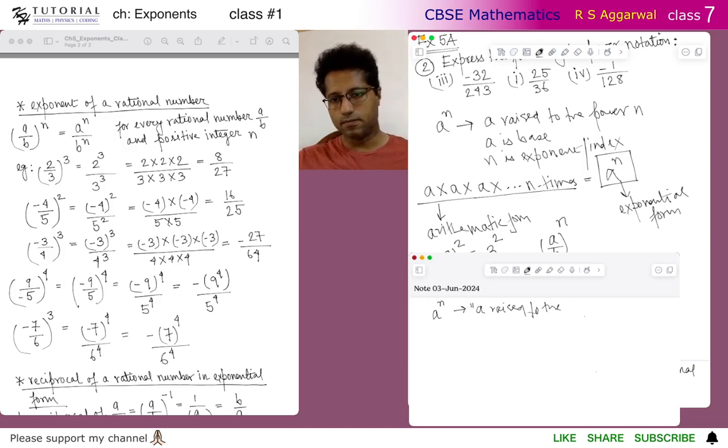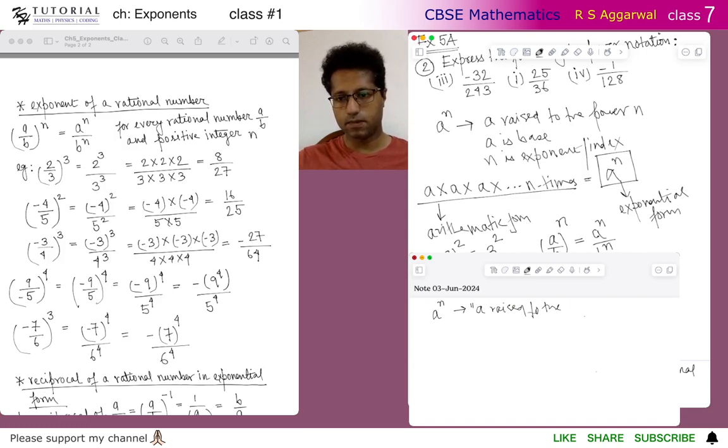As per the formula, it is a to the power n divided by b to the power n. Now, how does this formula come about? It's very simple. What is a by b raised to the power n from an arithmetic point of view?